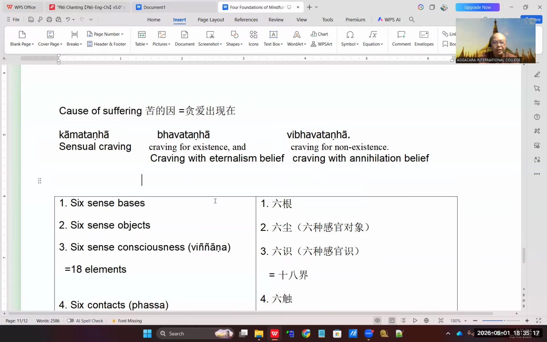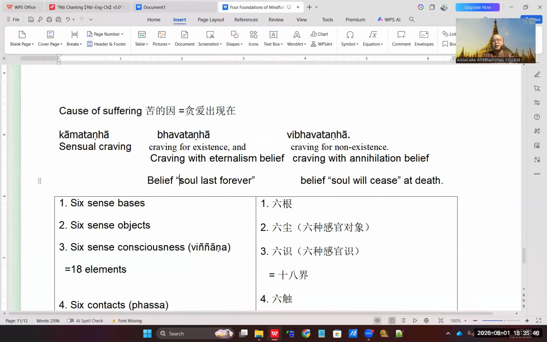So this is the belief that the self or soul lasts forever. And this is the belief that the soul will cease at death. All right, now what's the difference here? This is the common one. Actually most people will have this one.